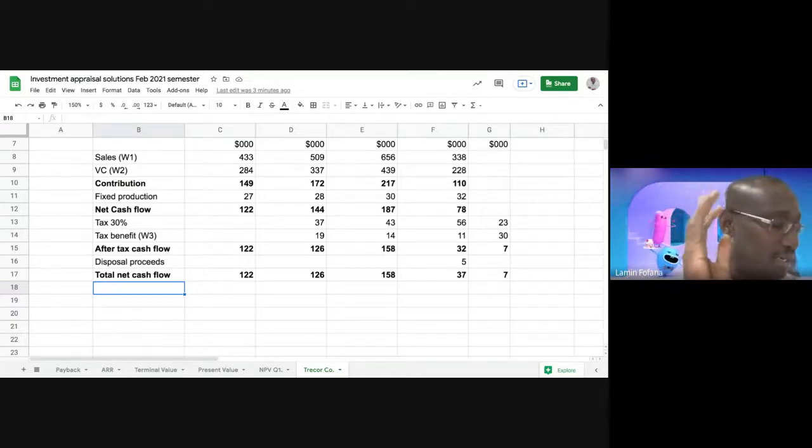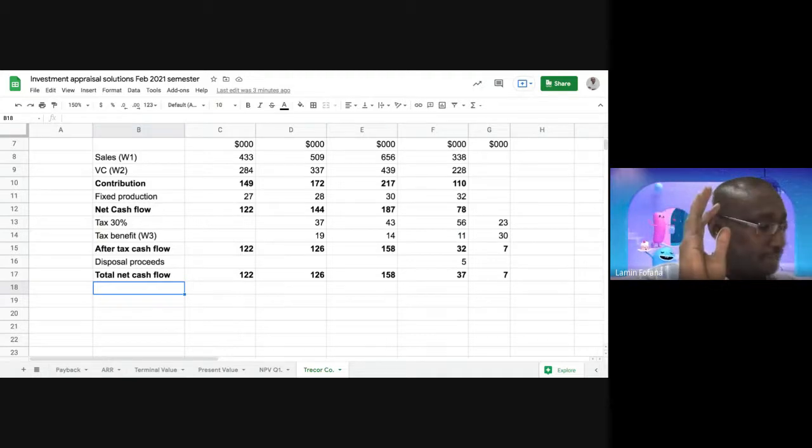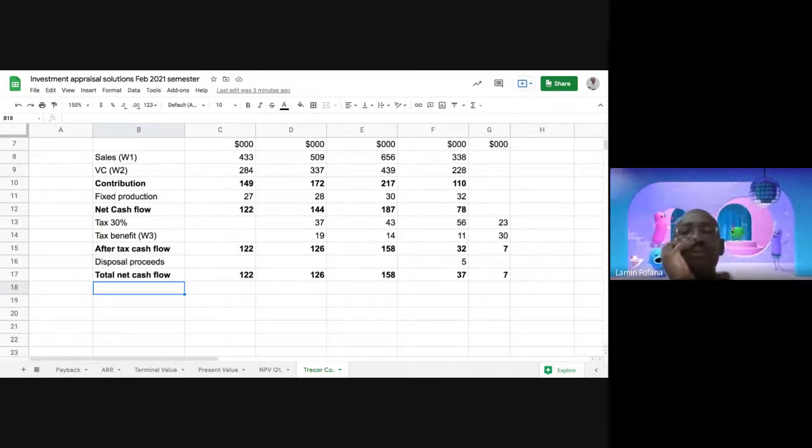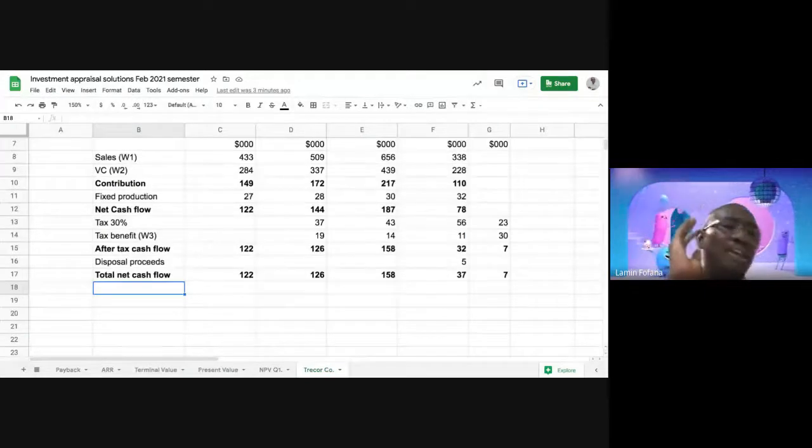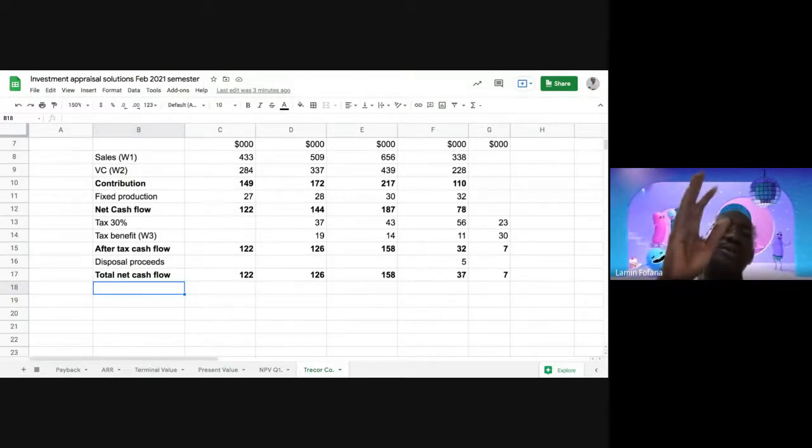What is given here is the real rate and the inflation rate. You always use the nominal discount rate to discount your cash flows.